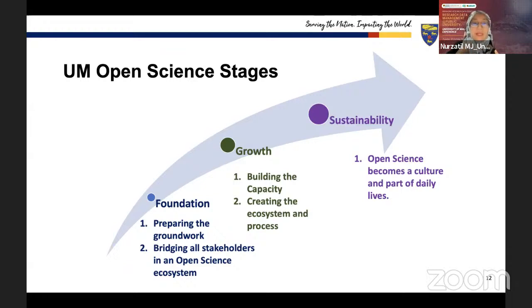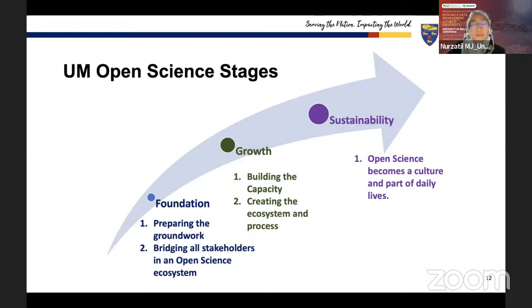And finally, once these practices are in place and started being implemented, we'll think about the next stage. A very important one as well is to make it sustainable. I put up here: to become a culture and part of the daily lives of the researcher.